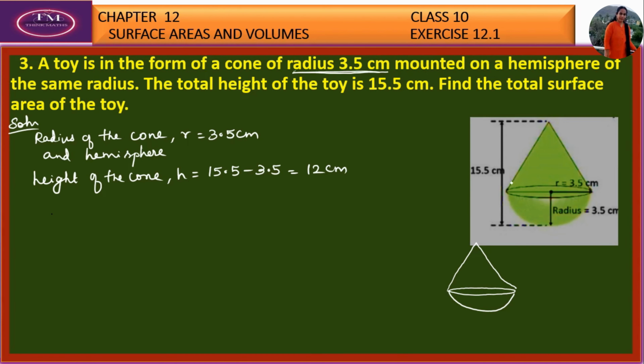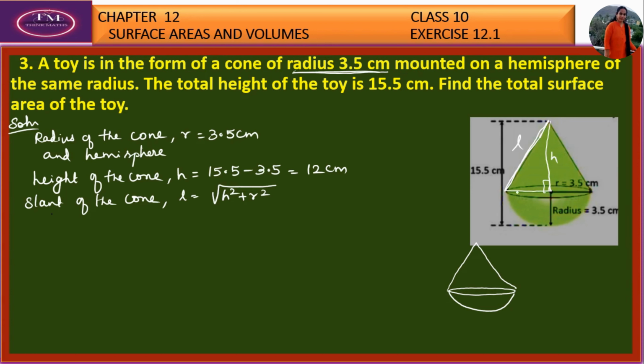Next we have to find out the slant height of the cone, which is denoted by L. The formula is L equals square root of h square plus r square, because the height and radius form a right angle triangle.